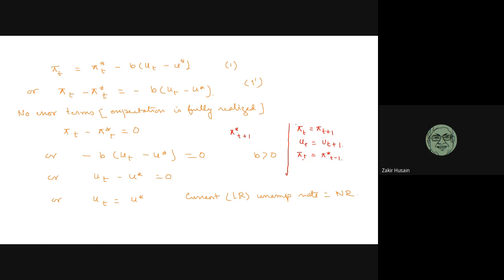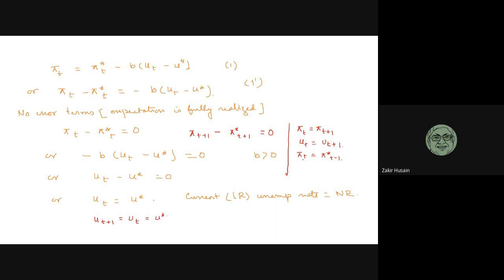Pi t is equal to pi t plus 1. So you simply substitute from the first and third equation to get this. Over here, ut and ut plus 1 are same. So you get u star t.